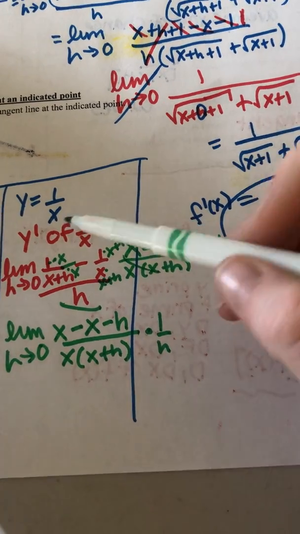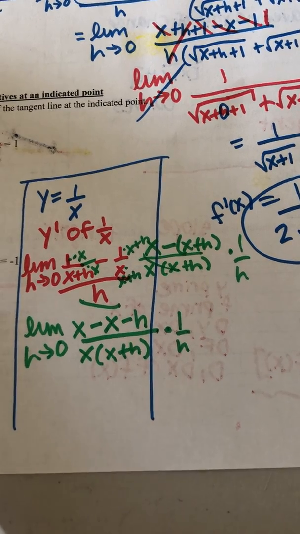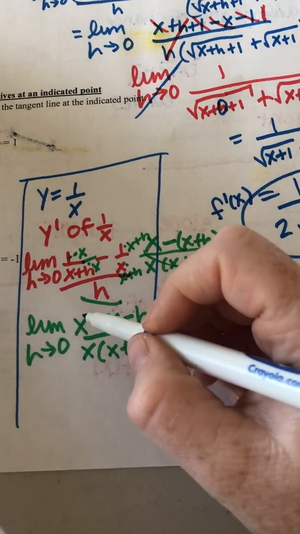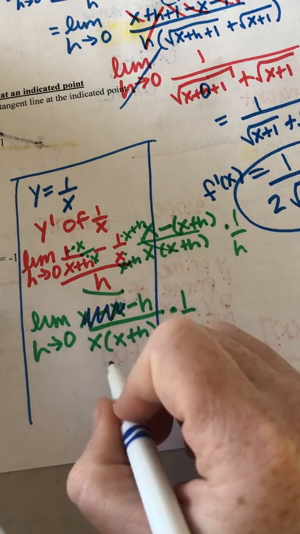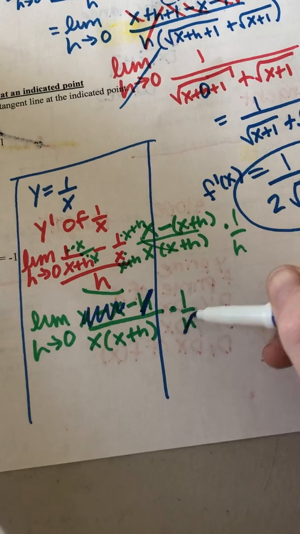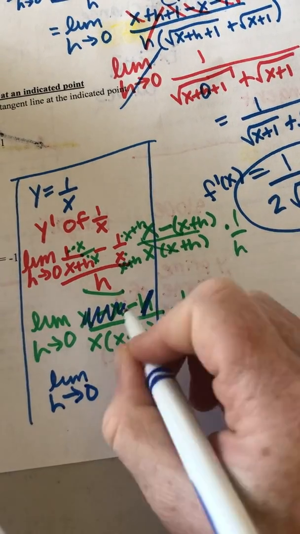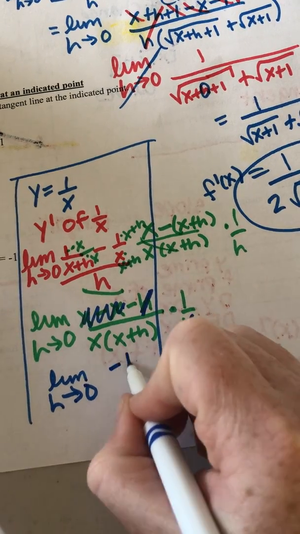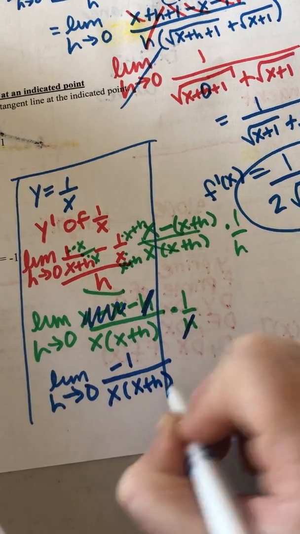And now hopefully you can see why it's very important that we understood how to take a limit before we moved on. So these cancel, and the h's will cancel too. And so I'm at the limit as h approaches 0 of negative 1 all over x times x plus h.